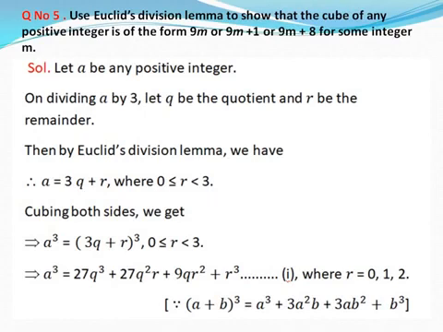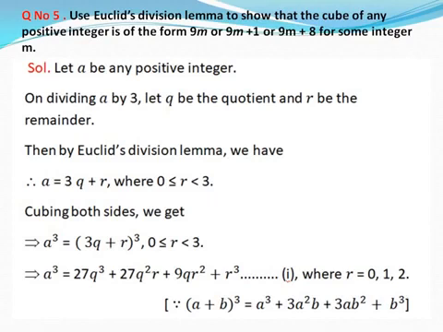On dividing a by 3, let q be the quotient and r be the remainder. Then by Euclid's division lemma we have a is equal to 3q plus r, where 0 is less than or equal to r, less than 3. Remainder is always less than divisor. Cubing both sides, we get a cube is equal to (3q plus r) whole cube.